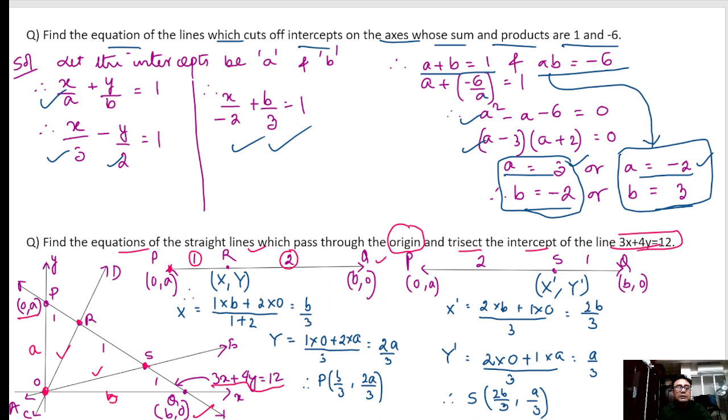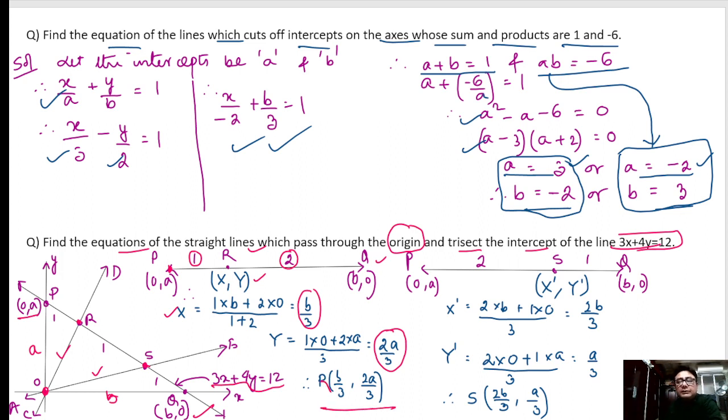So using the section formula, we can calculate the x and y of the R coordinate, because we know the section ratio is 1:2. This will be R's x and y.